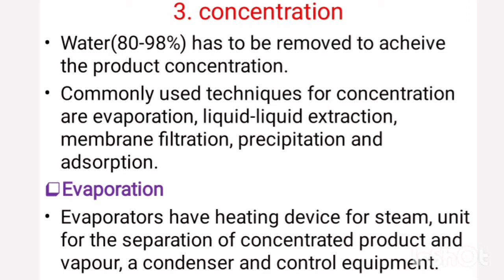The evaporators contain a heating device for steam and a unit for the separation of concentrated product and vapor, then a condenser for condensing vapor and control equipment. The capacity of the equipment is variable, that may range from small laboratory scale to industrial scale.